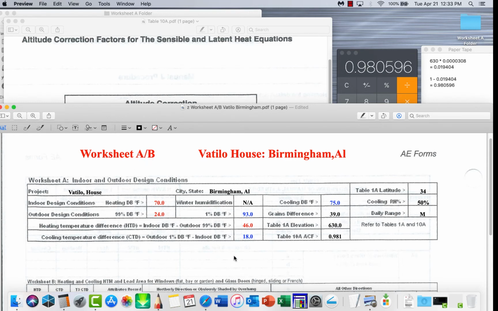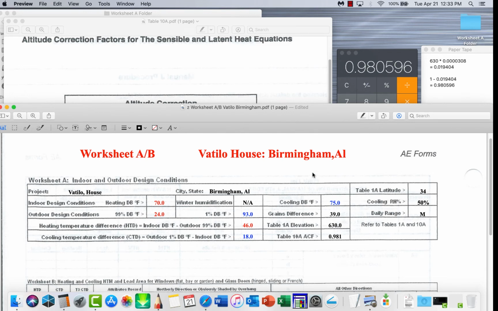Now, it's very important that you get these numbers correct right off the start, because these numbers here are going to transpose onto every other correction factor worksheet you have on here. So make sure you have these numbers, and you'll use CTD, HTD, indoor cooling conditions, heating conditions, even the altitude correction factor. You're going to use these later in the worksheet, so make sure that you do these correct.